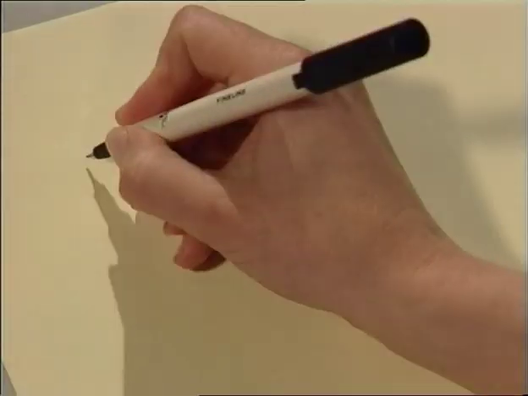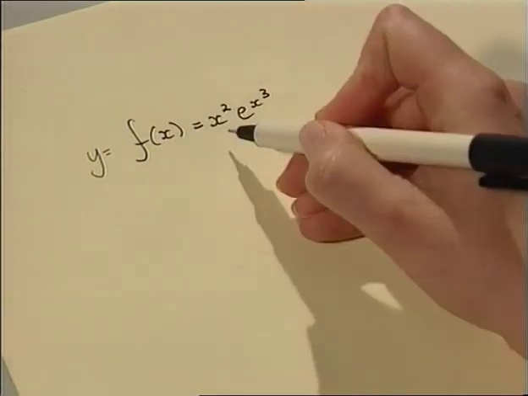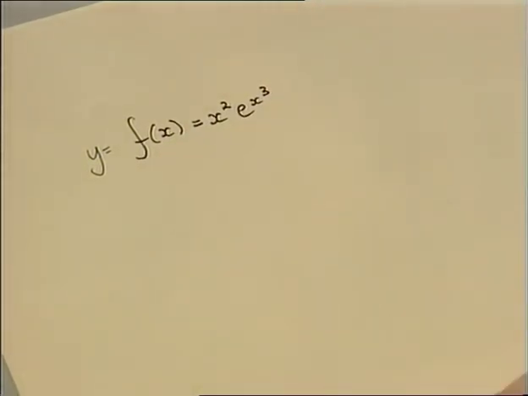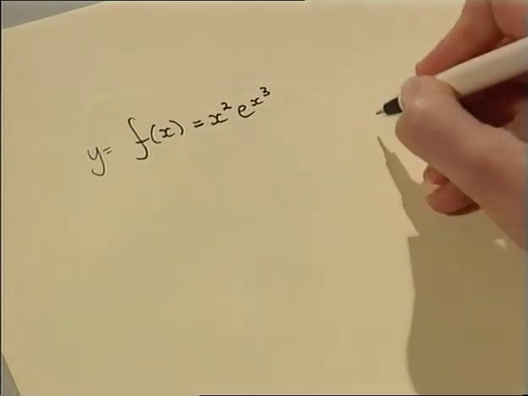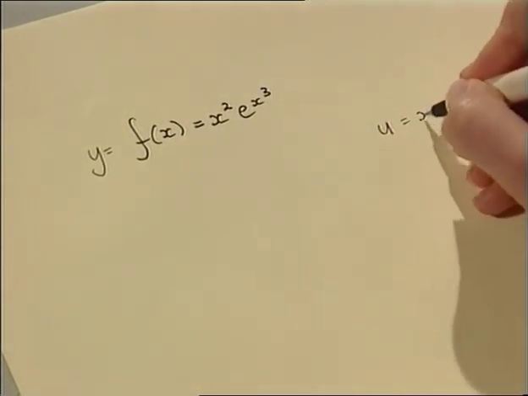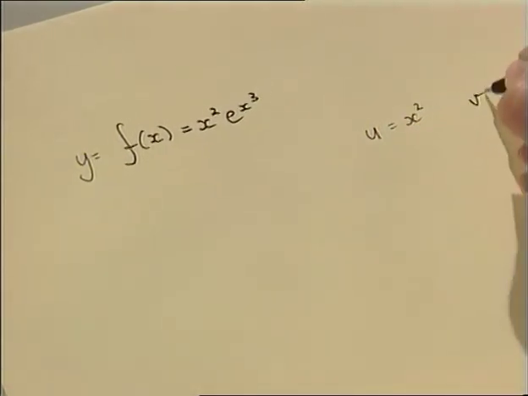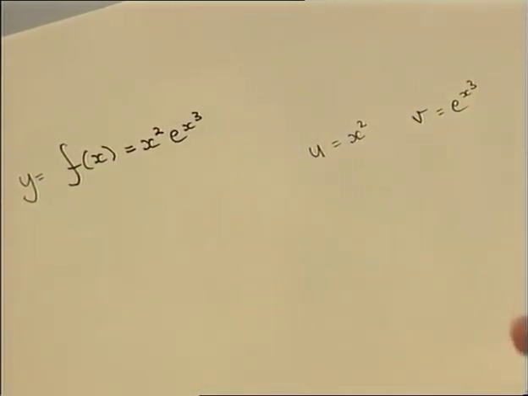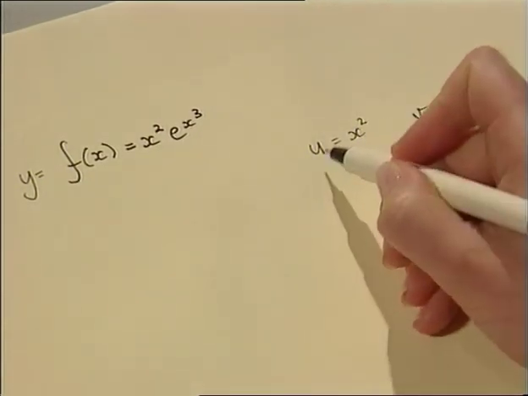So I'm going to write y is x squared e to the x cubed, and I now need to choose my u and v terms. So I'll have u is x squared, and v is e to the x cubed. So now I need to differentiate each of these, and I can use the standard table of differentials for u.